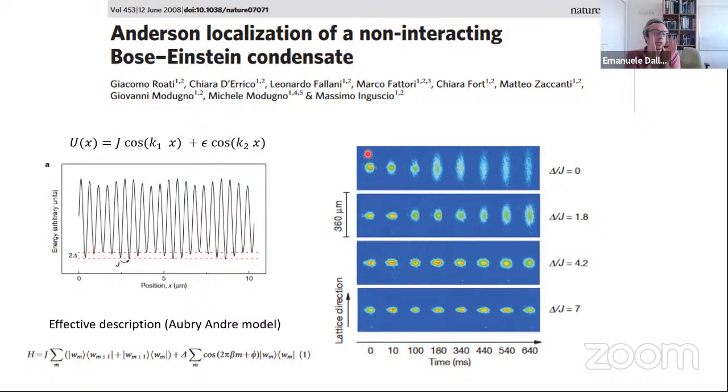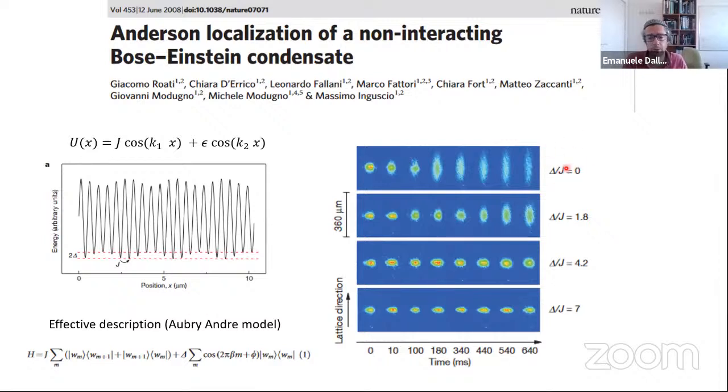In the horizontal direction, you just have a constant confinement, so no interesting physics occurs in the horizontal direction. All the interesting physics is in the vertical direction. We will see that the condensate expands.